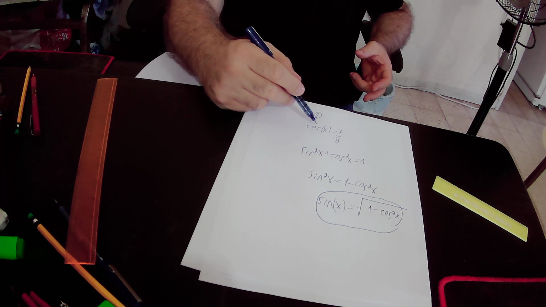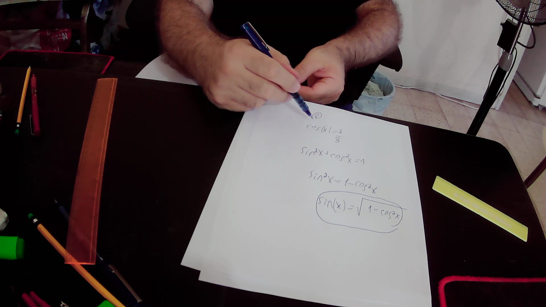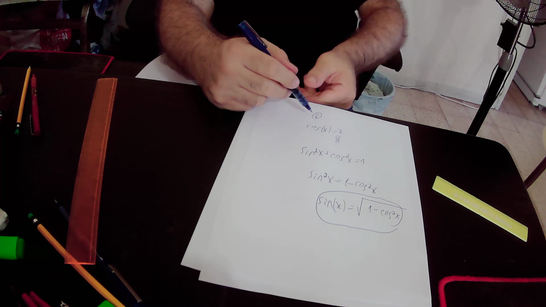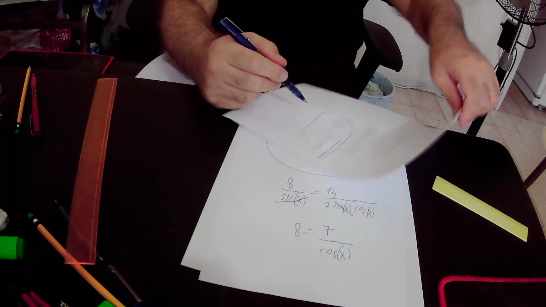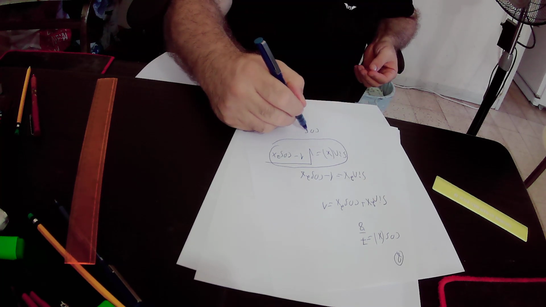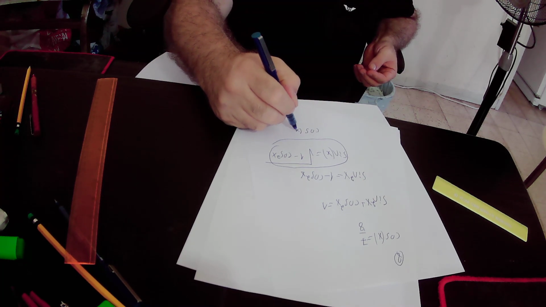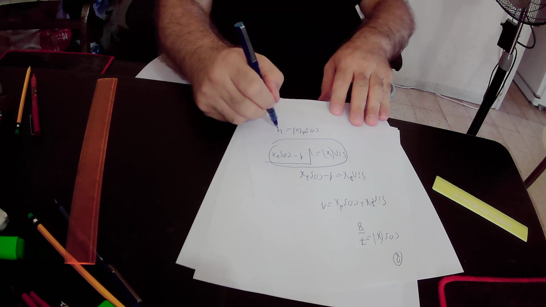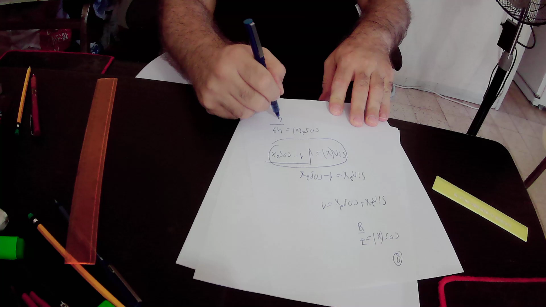We will square both sides of this equality, and we will get that cosine x squared equals 49 over 64.